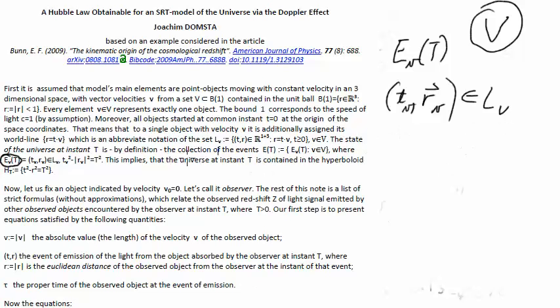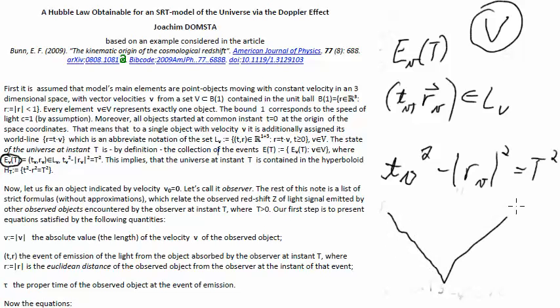And then we have our condition such that t sub v squared minus the length r sub v squared equals t squared. So essentially we are attaching that to a hyperbolic arc in the spacetime.